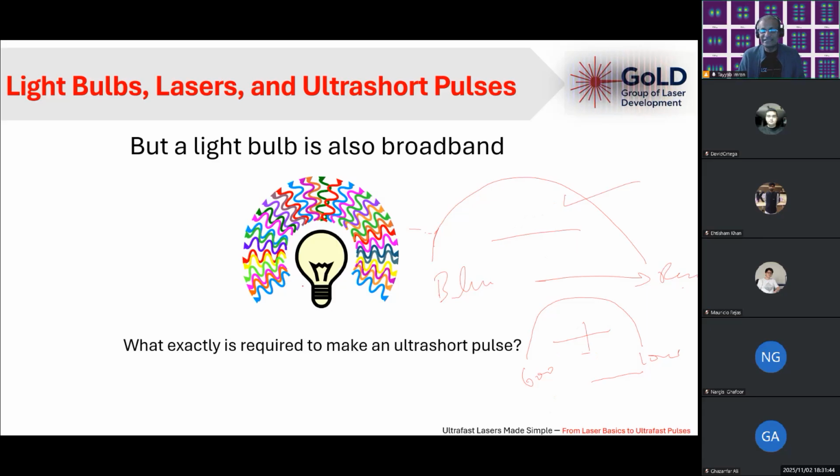So what exactly do we need to generate ultra short pulses? What exactly is required to make an ultra short pulse? Zanfar. Nargis.